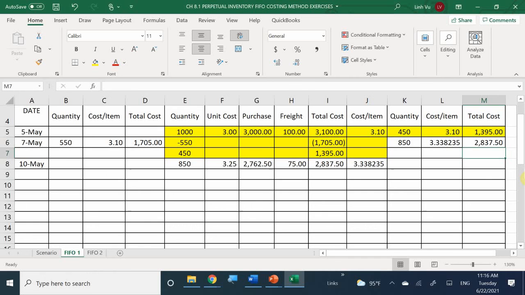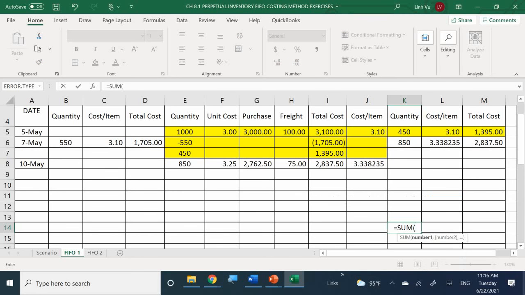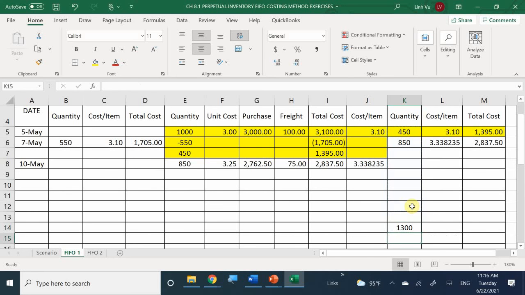So in this case, I have a second batch of inventory. If you want to, you can do your totals here so you know how much your running balance is at any given time. So right now, I have a total quantity of 1,300 items costing me a grand total of $4,232.50.